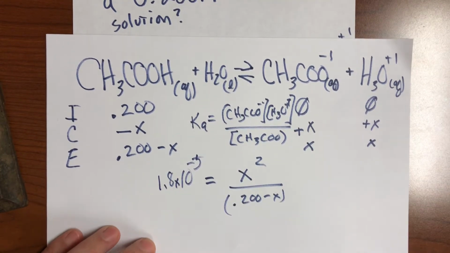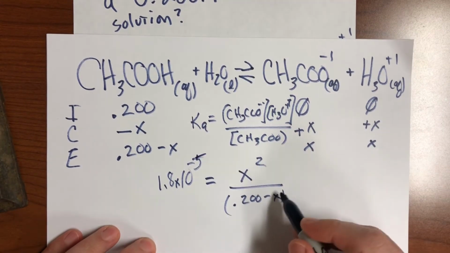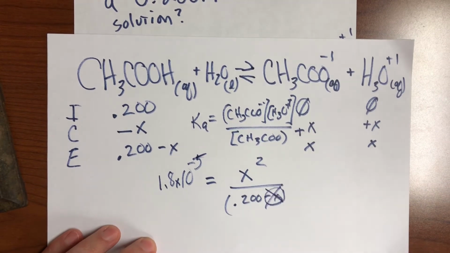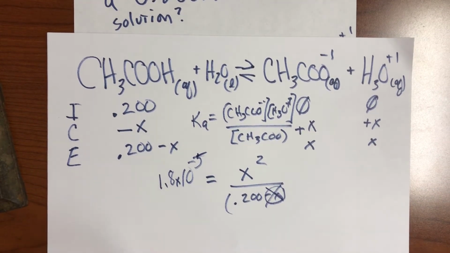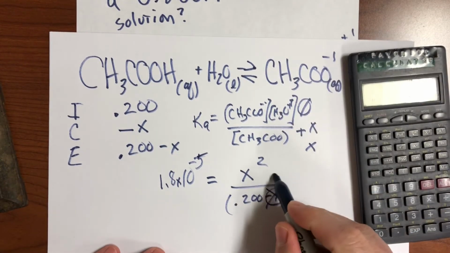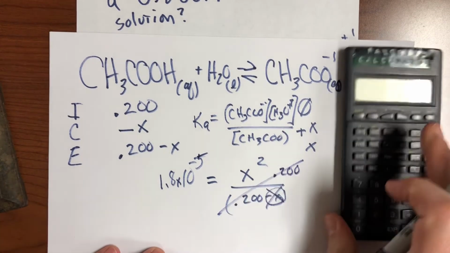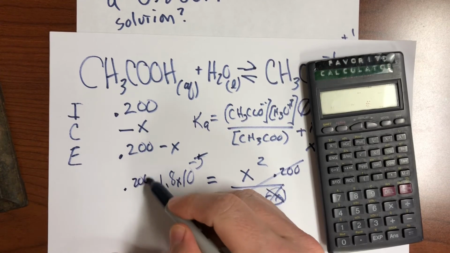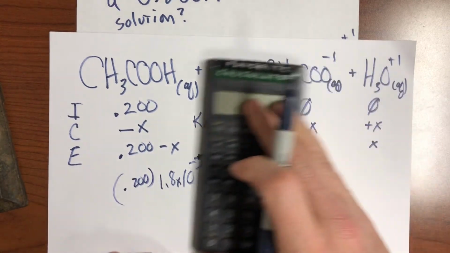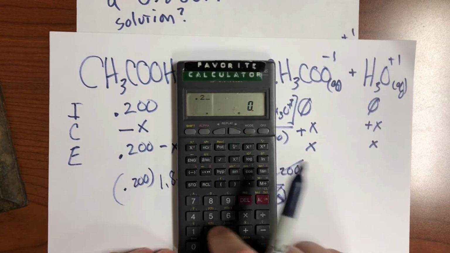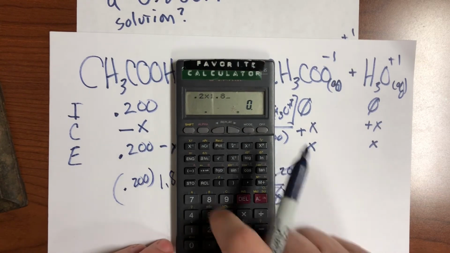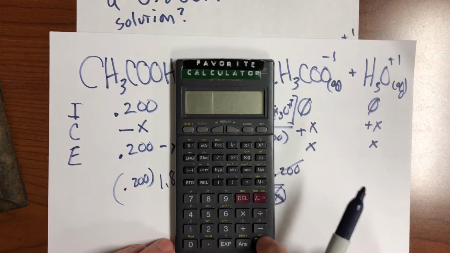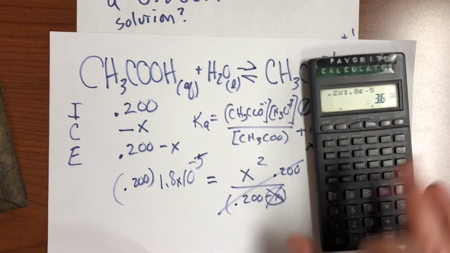And now we're going to make the small x approximation assumption. And so we'll forget about the minus x there. And so we're left with, we're going to multiply both sides by 0.2. And so that's going to give us 0.200 times 1.8 times 10 to the negative fifth, which is 3.6 times 10 to the negative sixth.